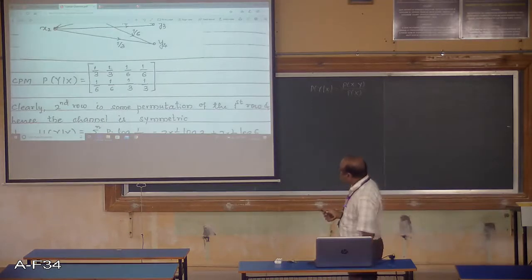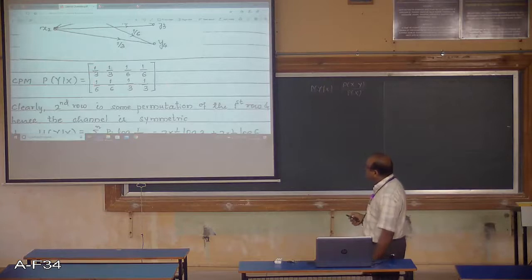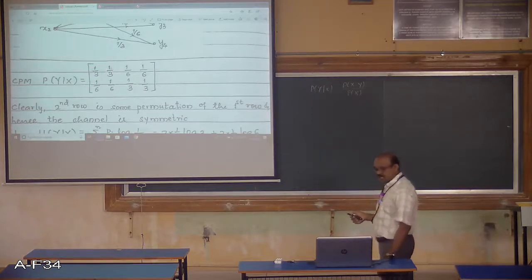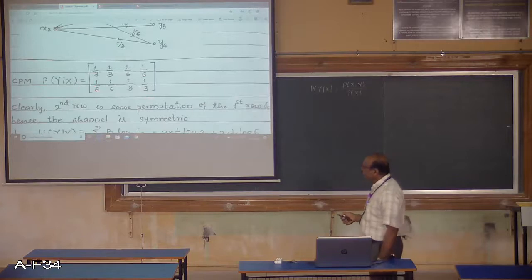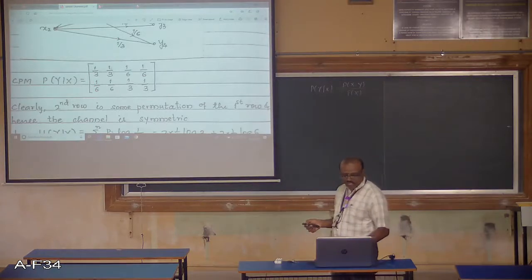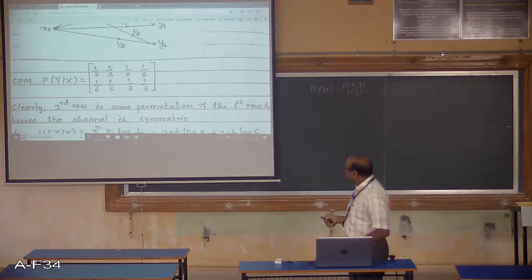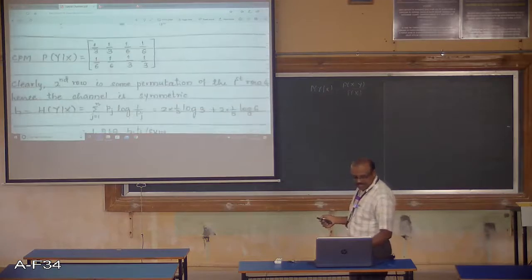Now, if you look at this, it is a symmetric or uniform channel, wherein the second row has the same elements as the first row with different locations.